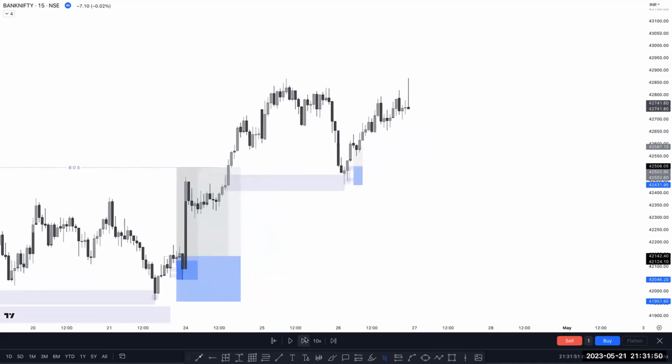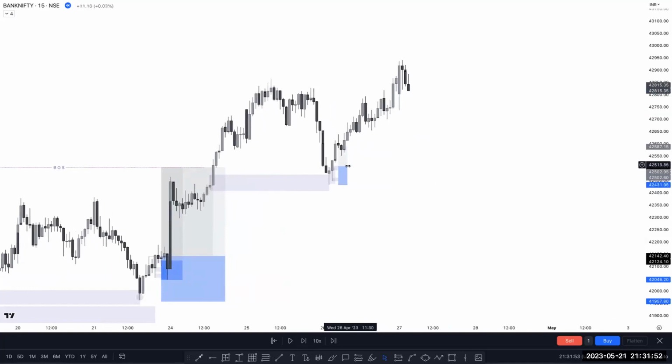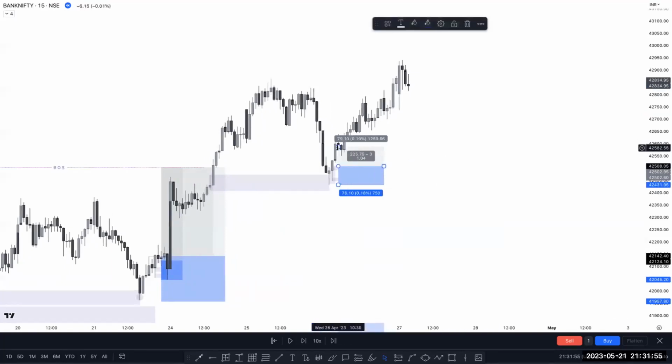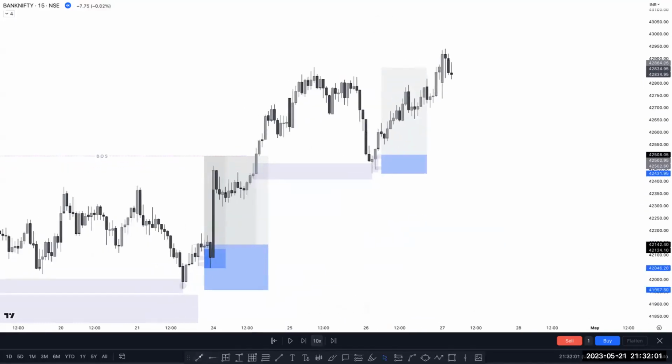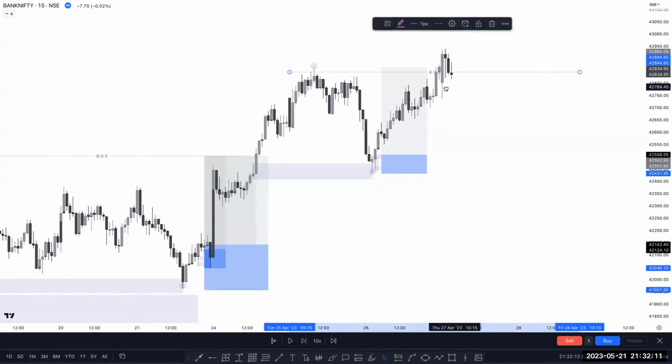I think no, this one is a miss. This entry missed here, right? Higher high, and this becomes our higher low, right? And this point becomes our break of structure.